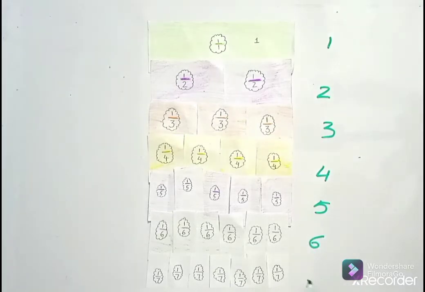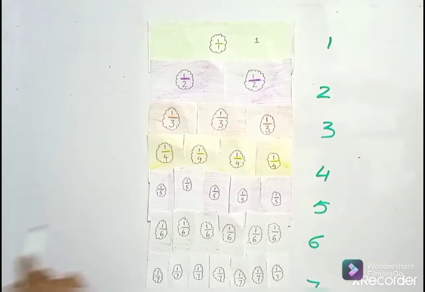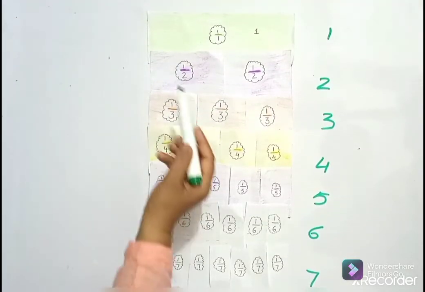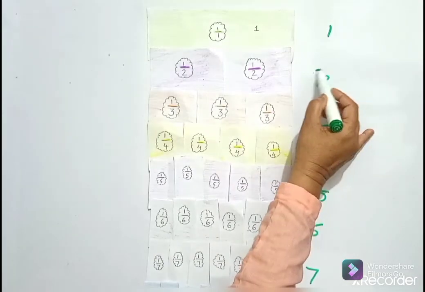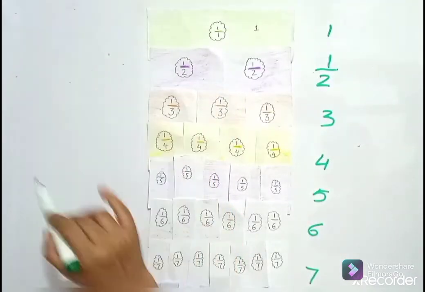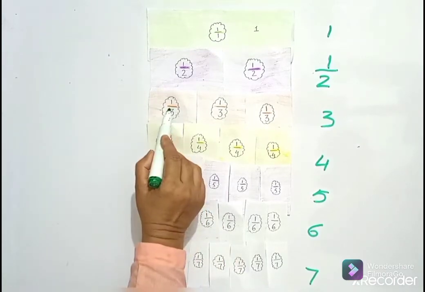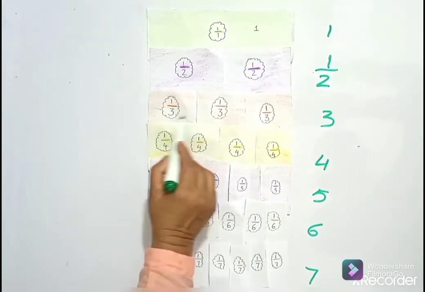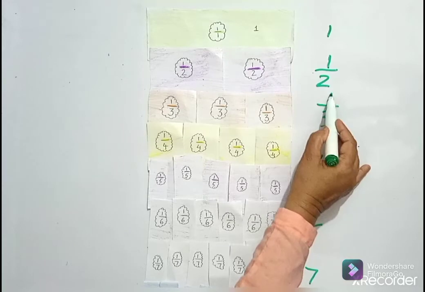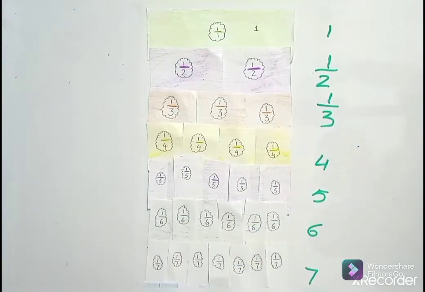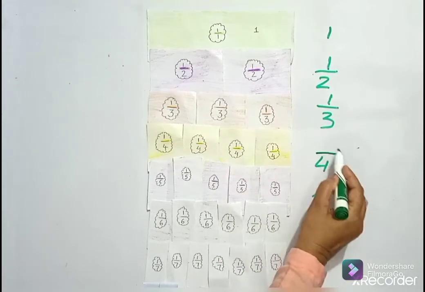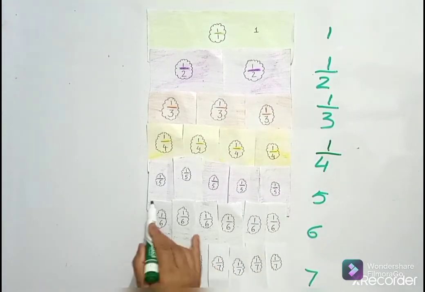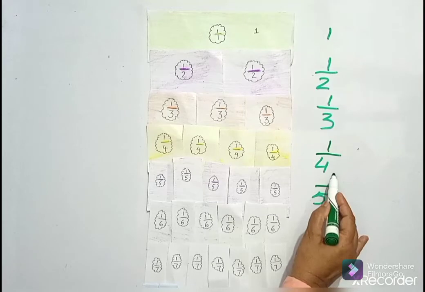6, 7 and 8. So how many 2 equal parts make a whole? And each part is called 1 part out of 2. This one. And 1 part of 1/3 is called 1/3. In the same way, 1 part is called 1/4. Good. 1/5.